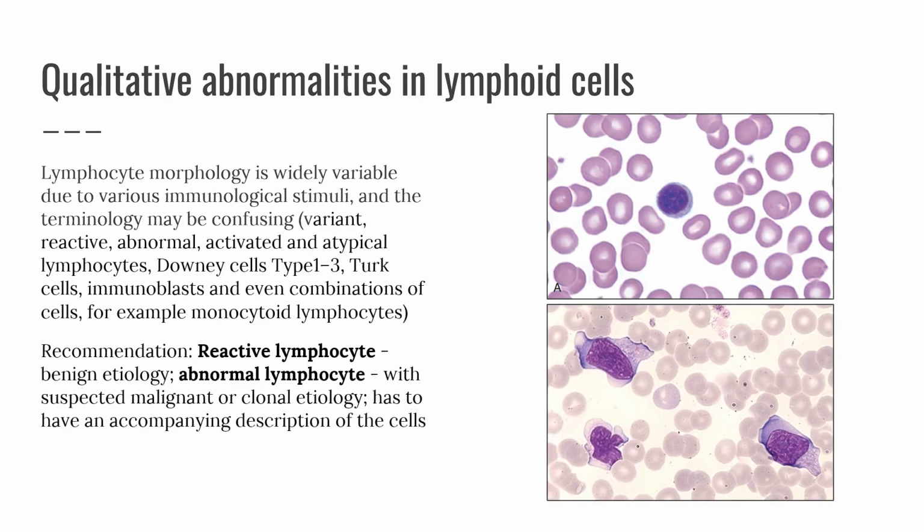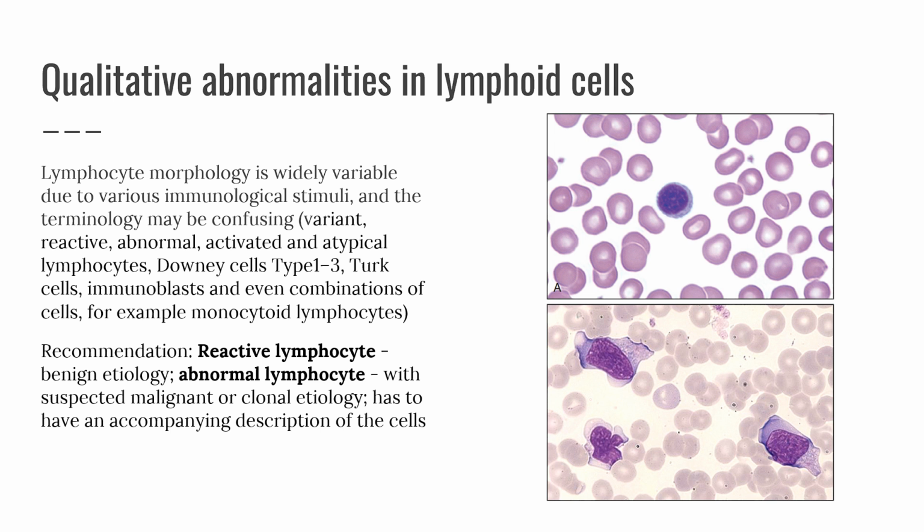Due to the widely variable lymphocyte morphology and confusion of certain terminology such as variant, reactive, abnormal lymphocytes, or even the combinations of cells, for example, monocytoid lymphocytes or plasmacytoid lymphocytes, ICSH recommends the use of only 2 terms.